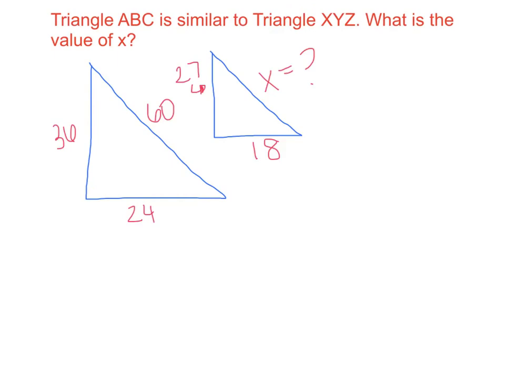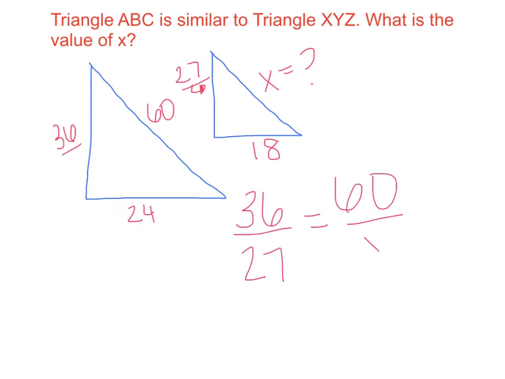Let's try another one. Go ahead and pause this and try it on your own, and then come back and see if you got the right answer. We'll work it out together. We're going to use 36 and 27. So 36 over 27 equals 60 over x.